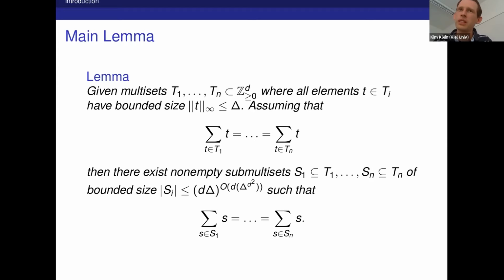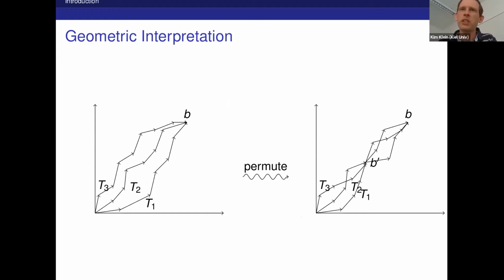We will see this lemma rather directly gives us a bound for the Graver elements of two-stage IPs. So the geometric interpretation of the lemma is as follows. Here we have our vector sets T that sum up to the same point B. Now the lemma states that we can permute the order of each set such that we find a point B prime of bounded size, so that all sets sum up to this earlier point B prime in the space.